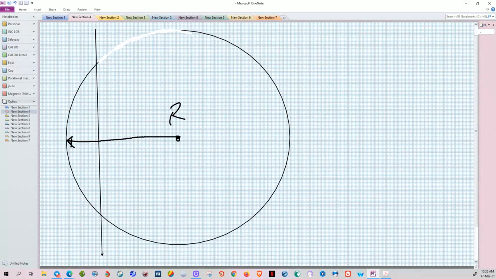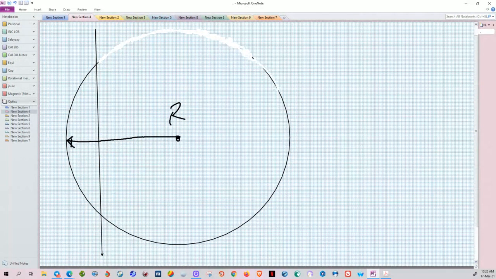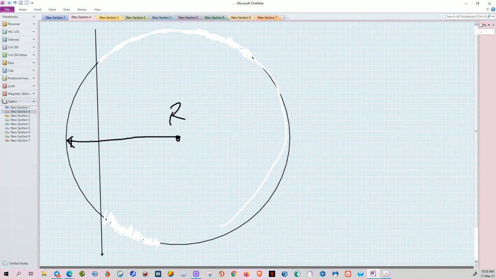This will take some time because I cannot erase the circle completely. I just need to erase the part which I cut. Erase, erase, erase, erase. Okay.